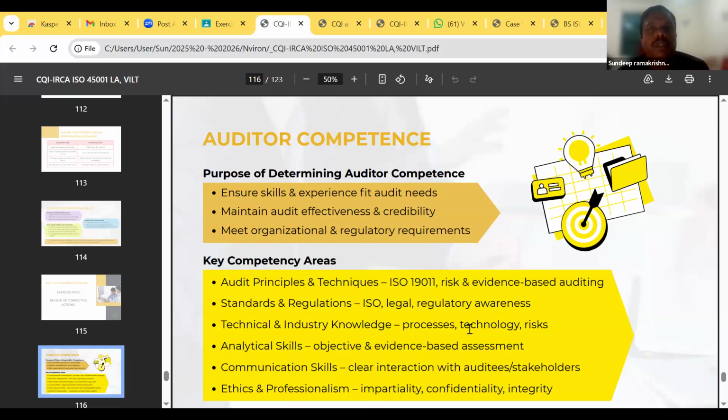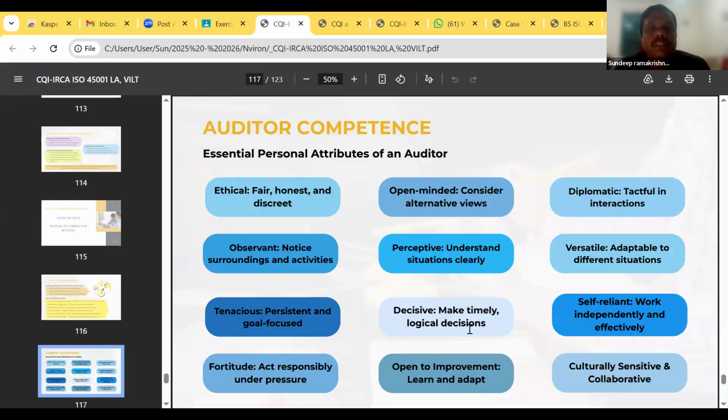And you should have good communication skills. You have to develop that clear interaction with auditee and stakeholders, right? And you have to maintain impartiality, confidentiality, and integrity in all situations. So as I told you previously, we had discussed all these personal attributes. You have to be ethical, open-minded, diplomatic, right?